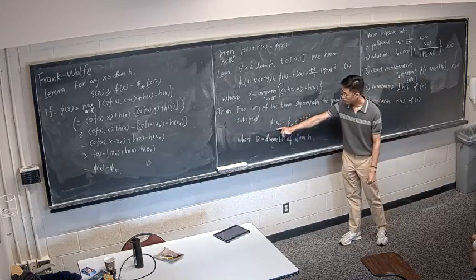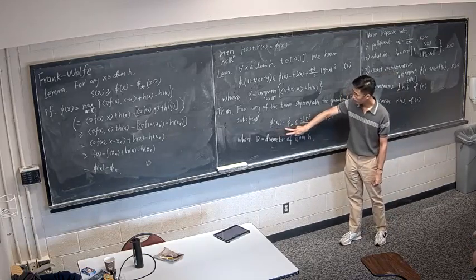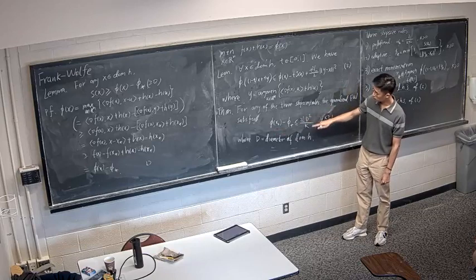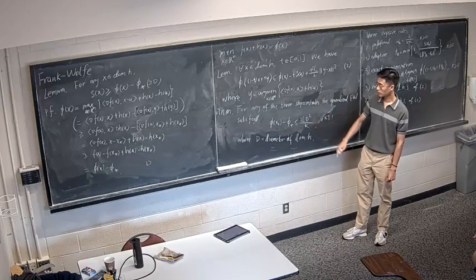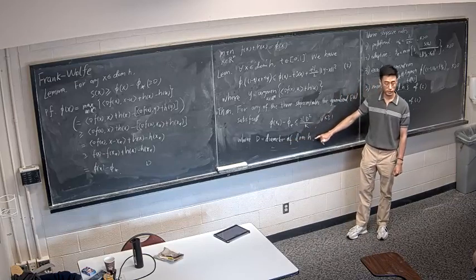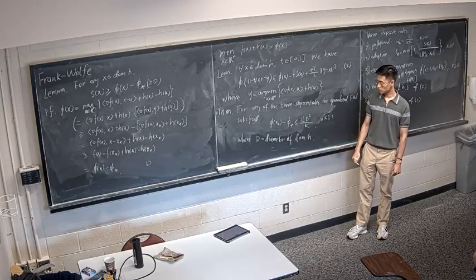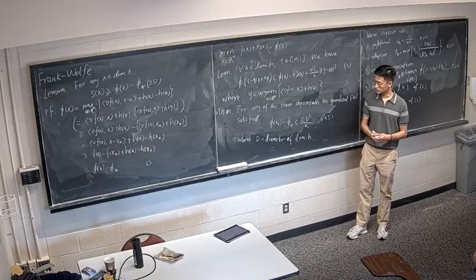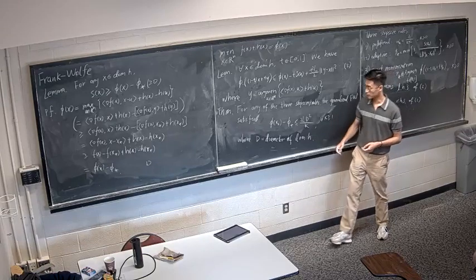So phi of x_k minus phi star, the optimality gap, goes to 0 on the order of 1 over k. And here the diameter, capital D, means the diameter of the domain of h, basically the distance between any two points in the domain of h is bounded by D.